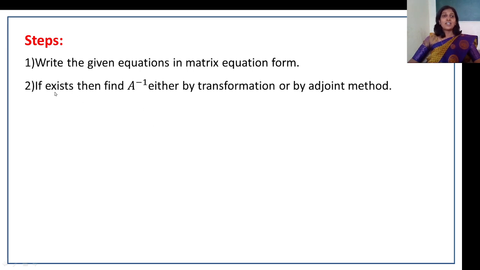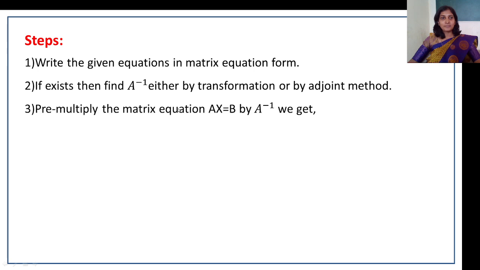If the inverse exists, then find A inverse, either by elementary transformation, that is row or column transformation, or by the adjoint method. So the first step is to write the linear equations in matrix equation form. The second step is to find A inverse by using adjoint or elementary transformation.